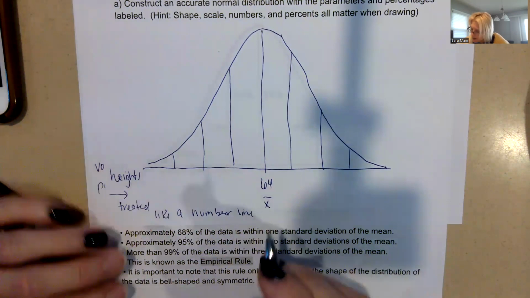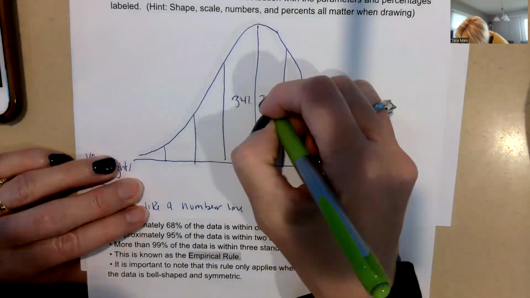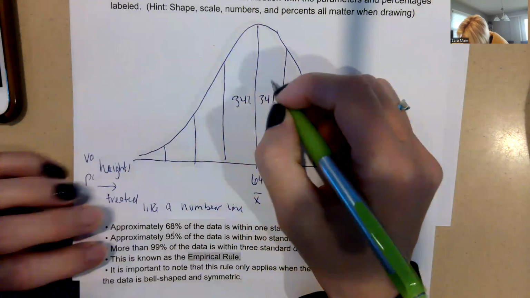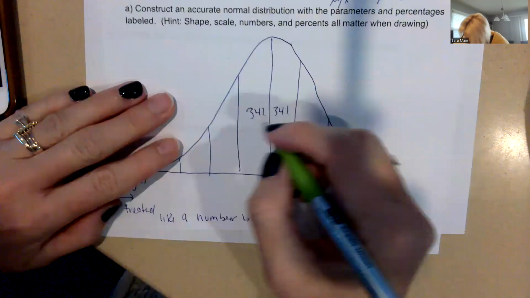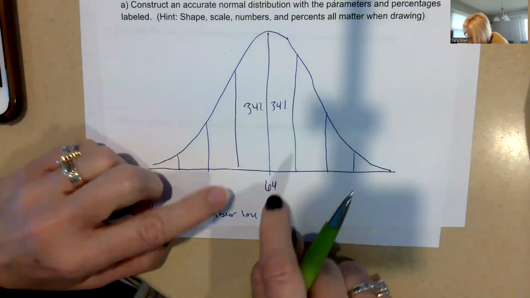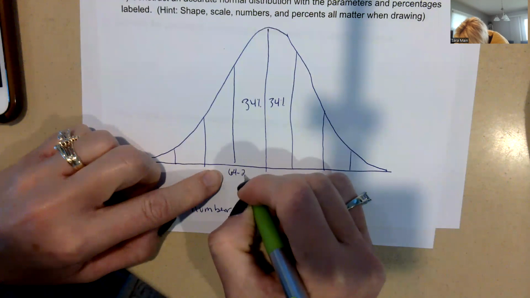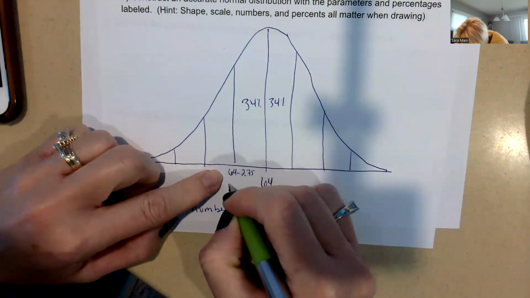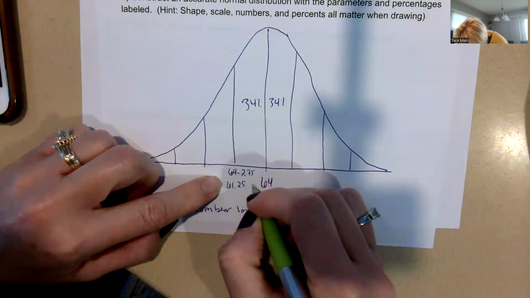Okay. So our percentages, like I said, are going to stay the same. Let's fill in our percentages based on what we learned from the prior page. So 34% and 34% are going to fall within one standard deviation. If we take 64 and subtract 2.75, we will get 61.25.